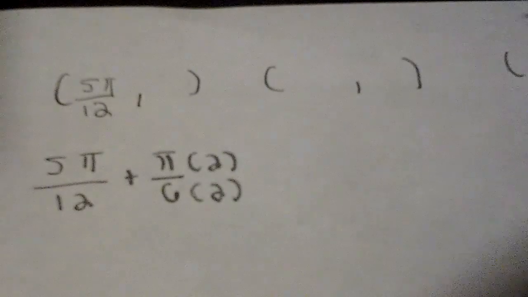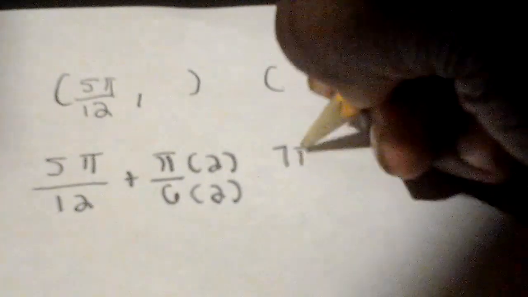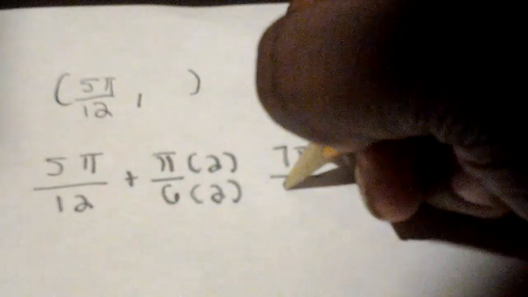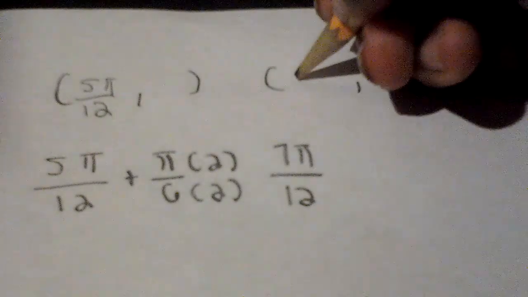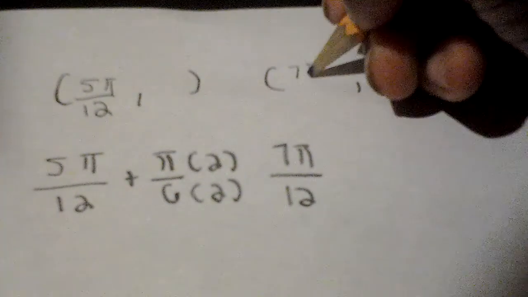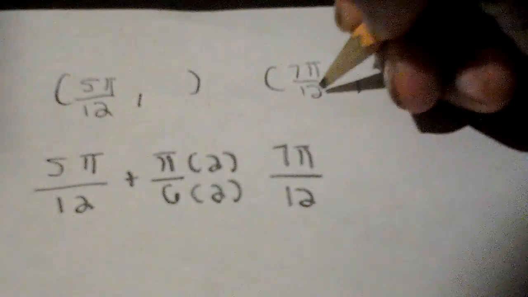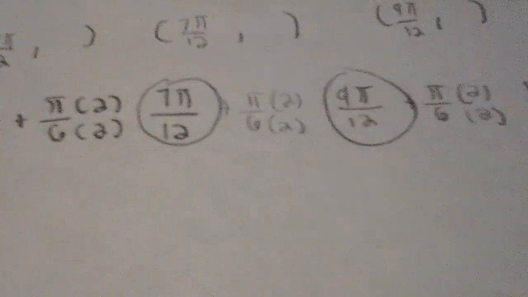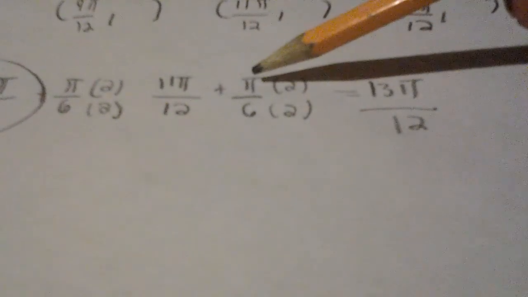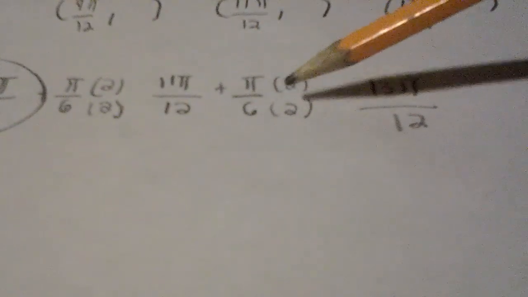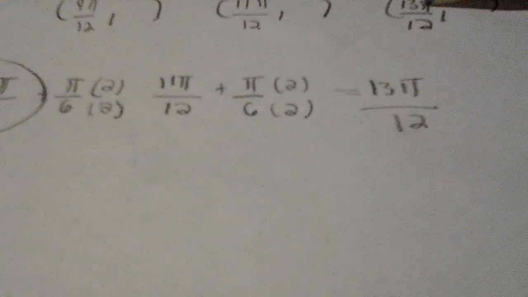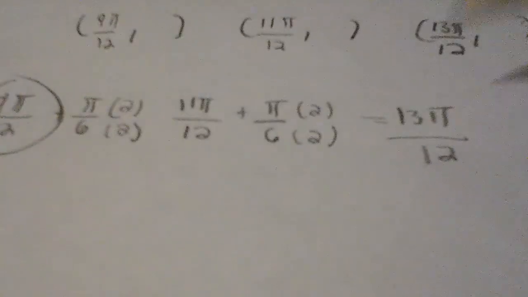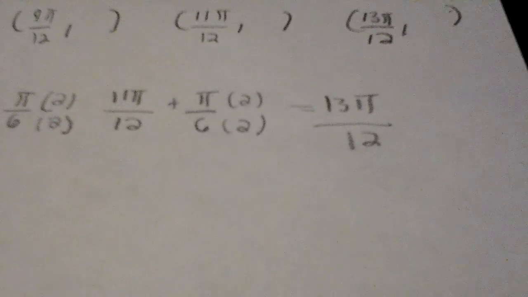Find a common denominator, which is 2. And that should give me an answer of 7 pi over 12. That's giving me my second x, which goes right here. Now I will continue the same thing for the rest of the x's, as you can see. And I did the same thing right here. Pi over 6, found the common denominator was 2, and I got my right endpoint, which is 13 pi over 12. So that's some way you could check it.